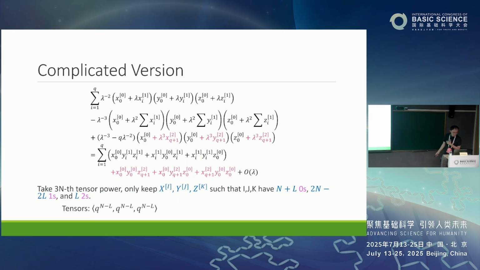Then using the previous method, we can see the combinatorial number becomes larger.